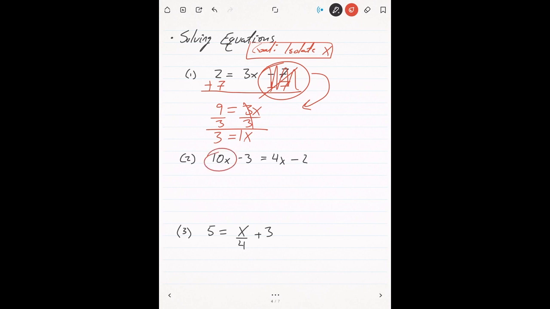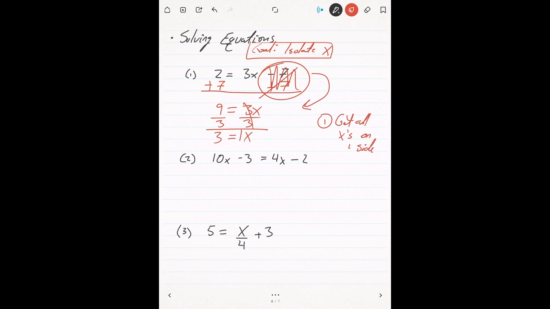Notice that I have x's on both sides, and I have what we call constants, numbers that stand alone, on both sides as well. What I'm going to do here, again, the first thing I should try is get all x's on one side.